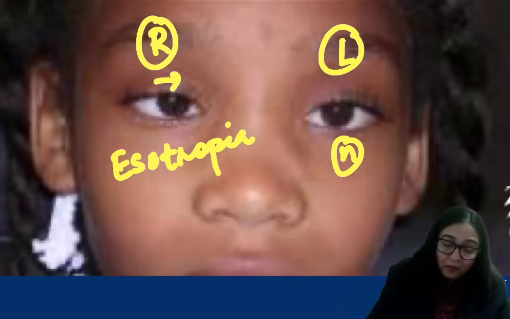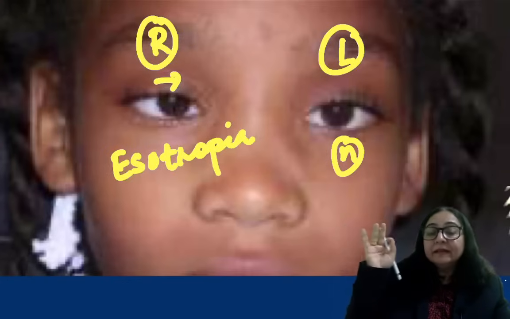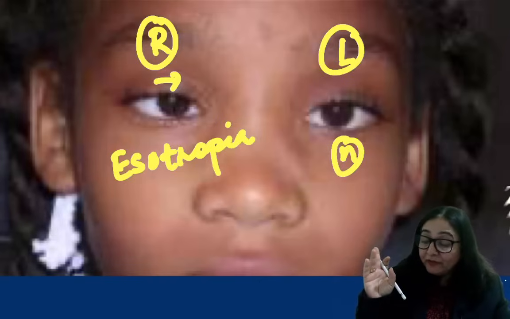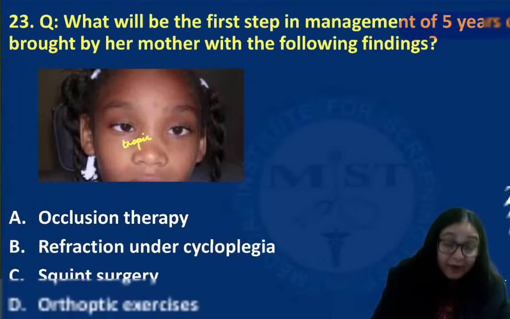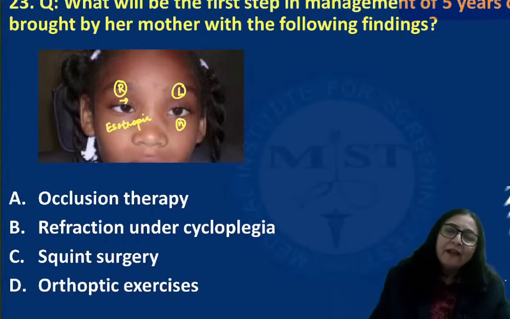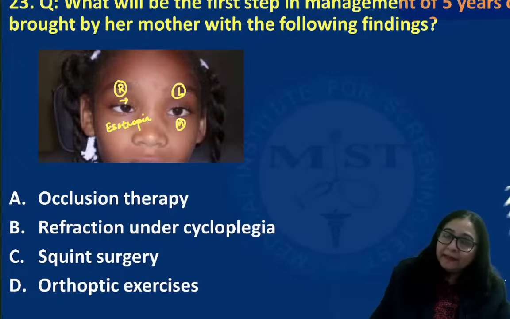Okay. Now, if a child like this comes to you, what will be the most appropriate first step in the management of this case? Let's go by the choices. Do you do occlusion therapy, or refraction under cycloplegia, or squint surgery, or orthoptic exercises?